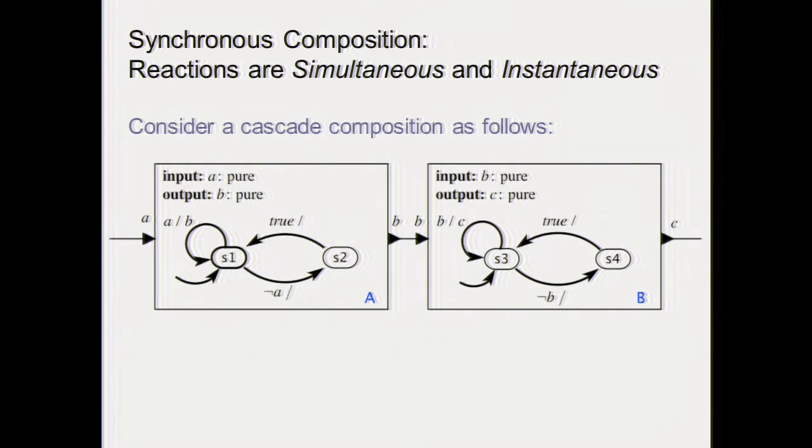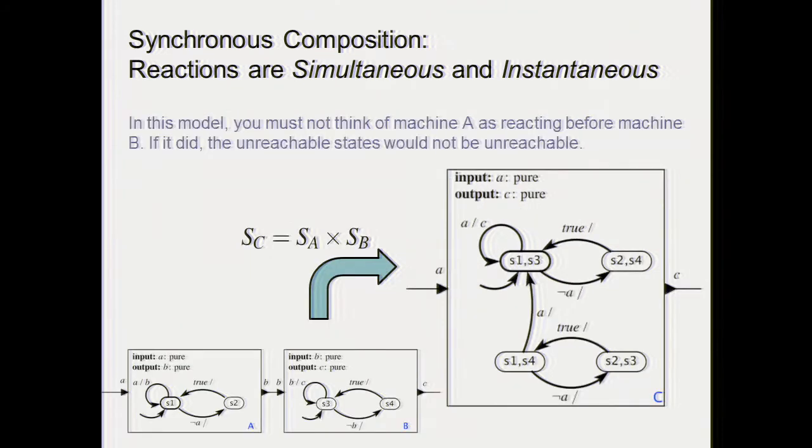Now I want to see when I should take an arc between these composed states, and what the input and output should be corresponding to that movement. I come in with A. If A is present, then I output B, and I stay in S1.